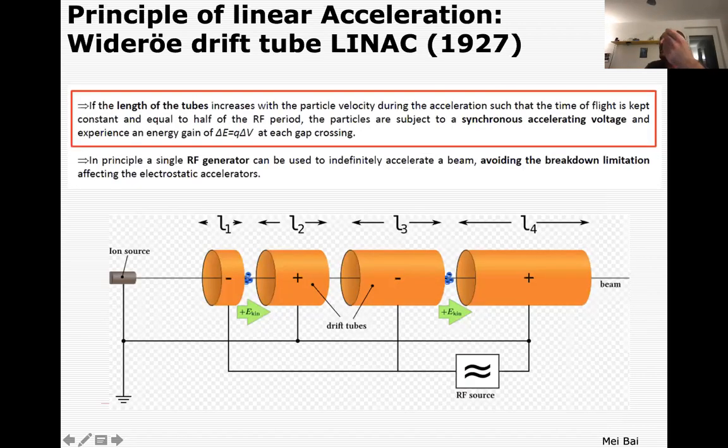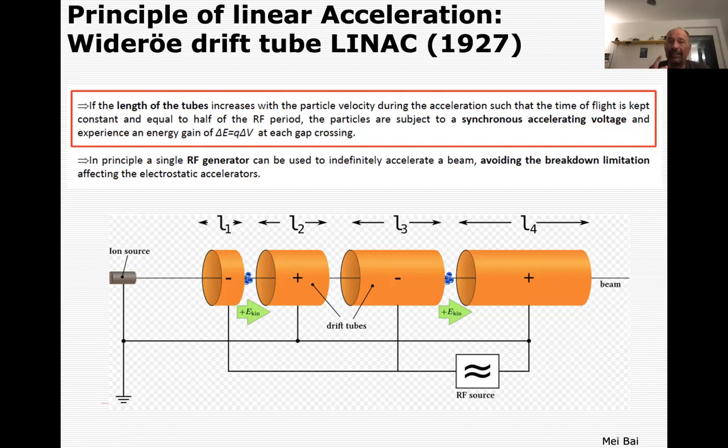So what are the principles of linear acceleration? Well, this is a very old story already, in the 30s. Wideroe invented drift tubes, where essentially the idea is that you have a potential difference between the different tubes, an electric field, so that the particles are actually accelerated between the different tubes.